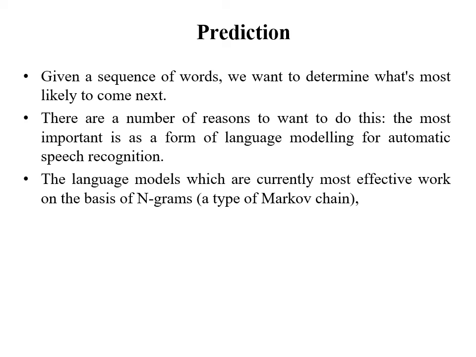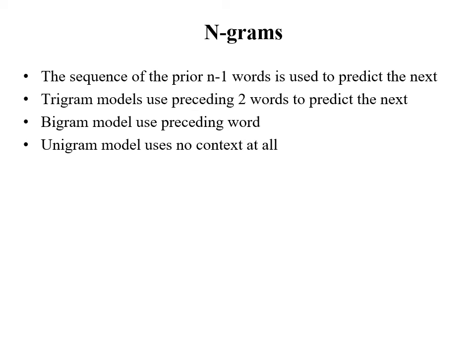The language models which are currently most effective work on the basis of n-grams, which come under the Markov chain. So an n-gram is found on the basis of the current sentence. Suppose a sentence has n minus 1 words.